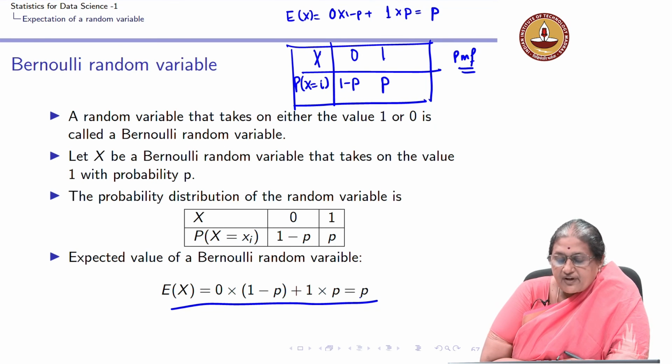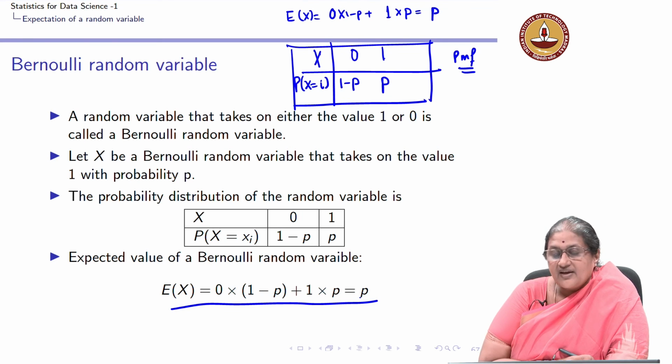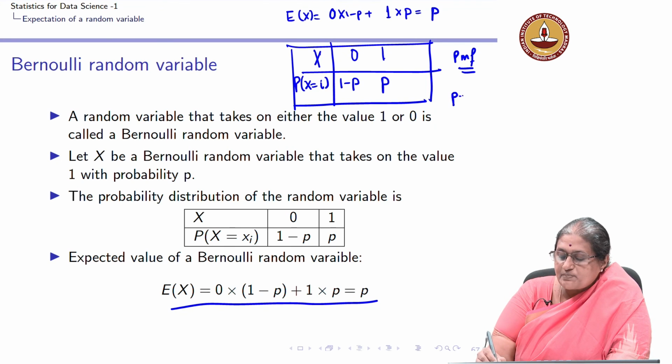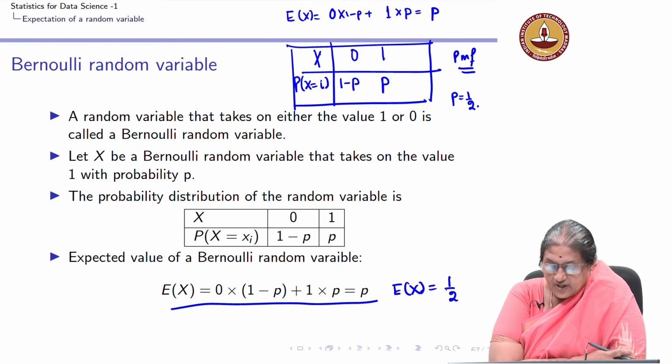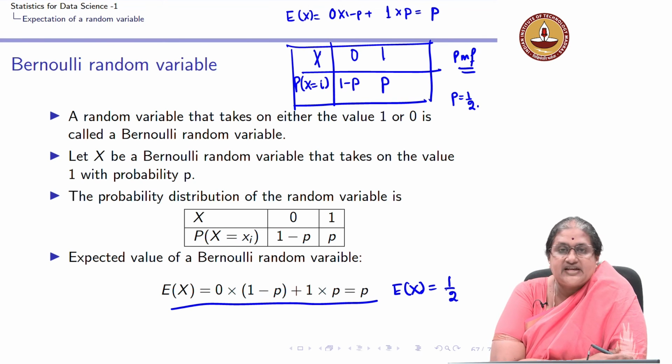Now, if it is equally likely that x takes the value 0 and 1, then I know that p is equal to half, which tells me that the expected value of x is equal to half.